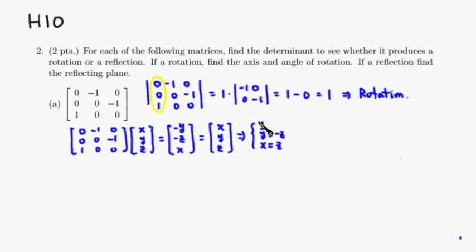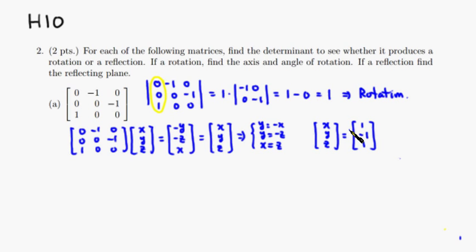So the only condition is that we can just pick one example. We want x and z to be the same, so I'm going to use 1 and 1 for x and z. And y has to be the negative of z, so it's got to be negative 1.